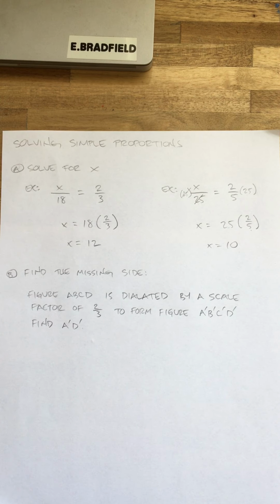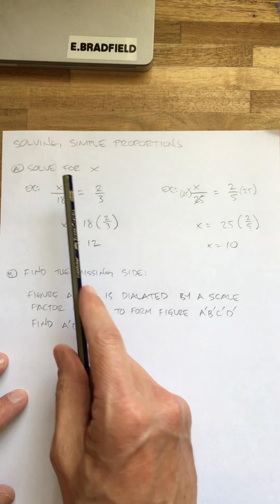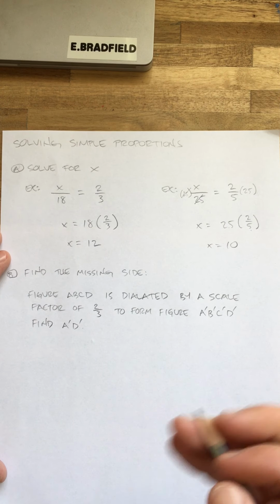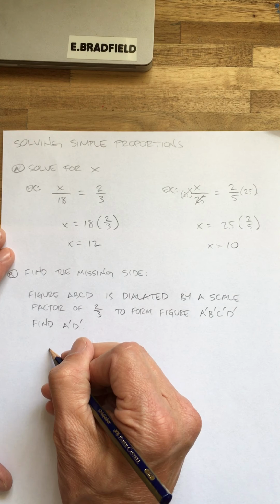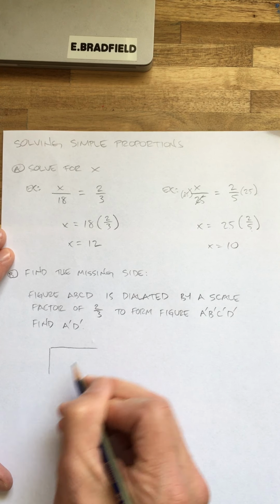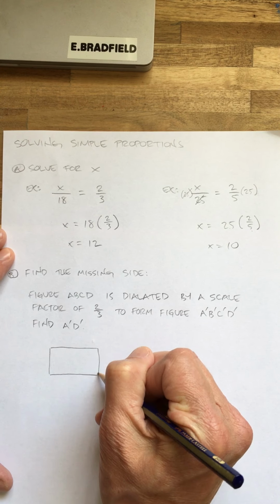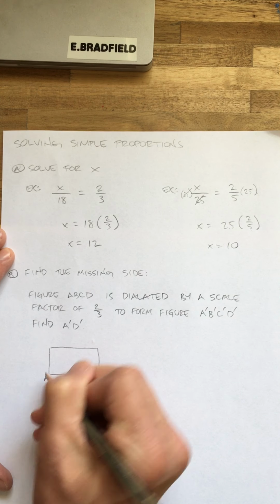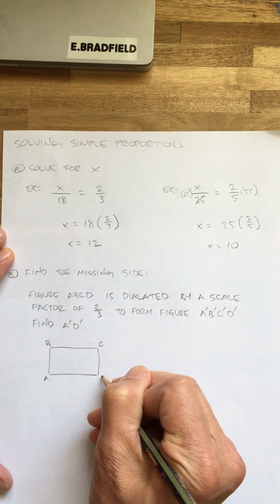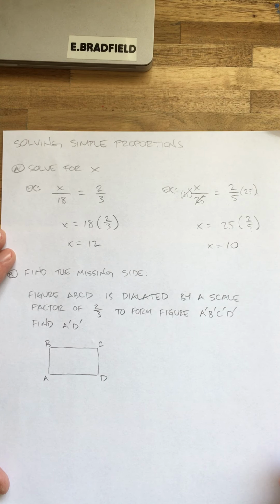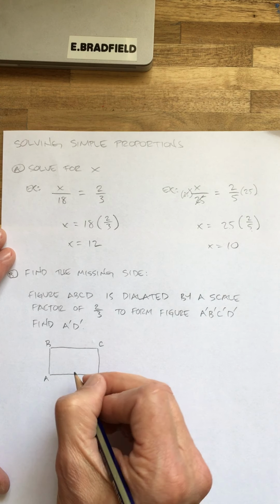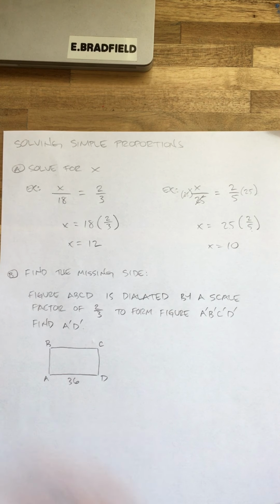Okay, I'm going to show you a method that just kind of always works, as long as you got your x in the top left corner. Okay, so here's what I have. I have this figure A, B, C, D. Okay, here's my figure A, B, C, D. And I'm telling you right now that side AD is 36, okay?